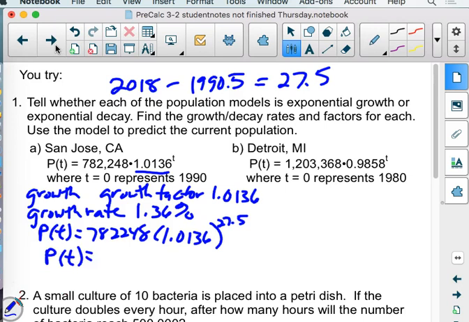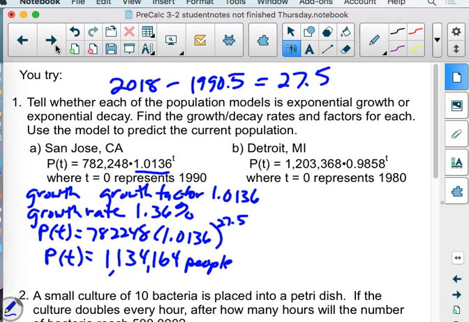We have to round to the nearest person. Everybody getting 1,134,164 people? Okay, good. Yeah, because you're already on Detroit. I can see that already.